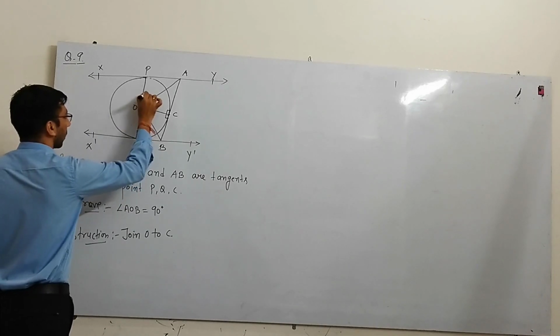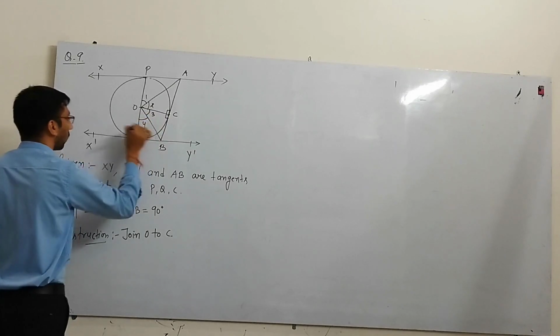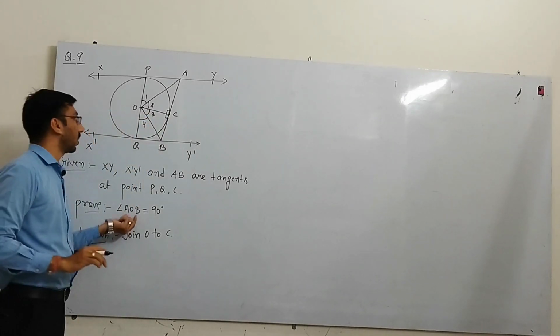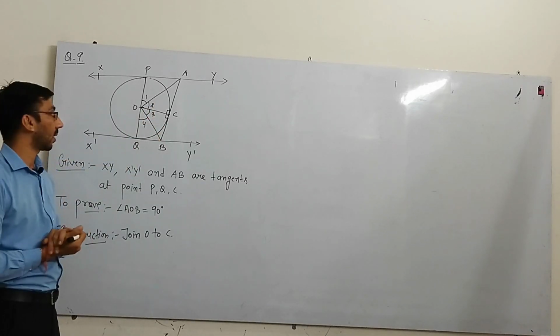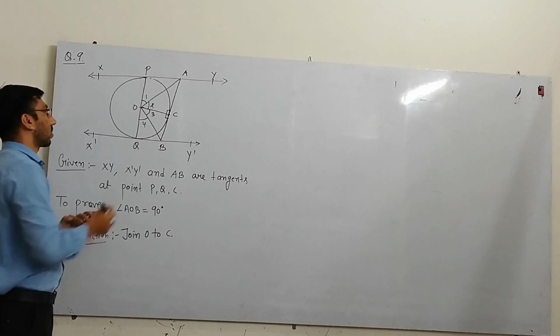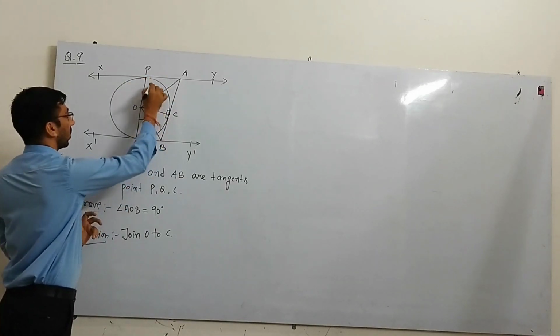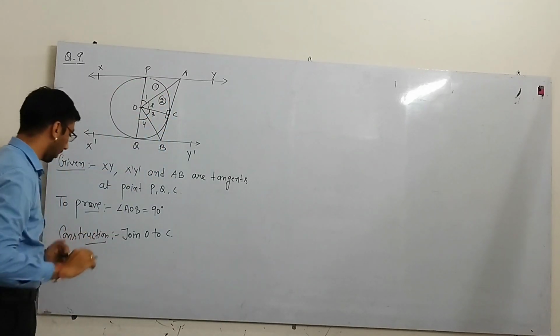I am naming these angles as angle 1, angle 2, angle 3 and angle 4. And to prove that angle AOB is 90, मुझे ये prove करना है कि angle 2 plus angle 3 का sum 90 degree आएगा. For this, first I am taking triangle POA and AOC, and इनको मैं congruent prove कर रहा हूँ, this triangle 1 and triangle 2.